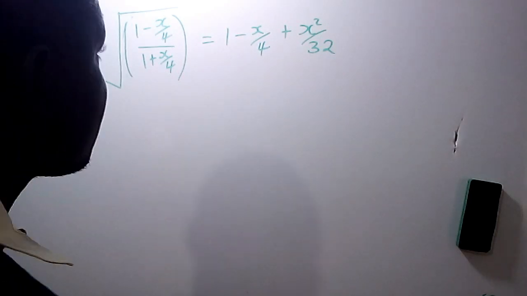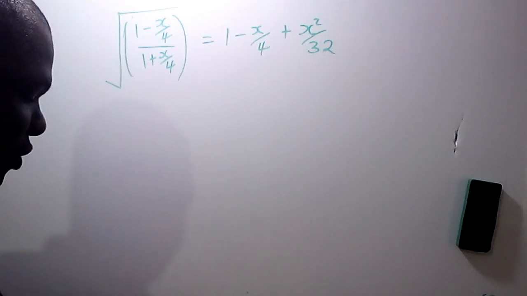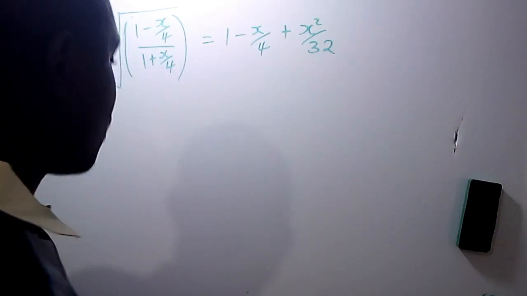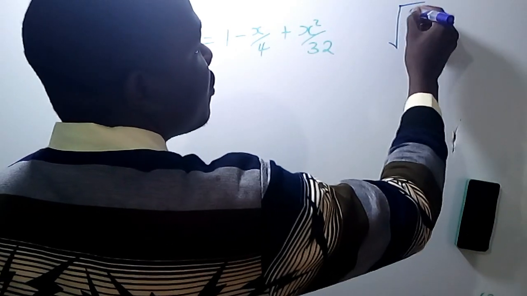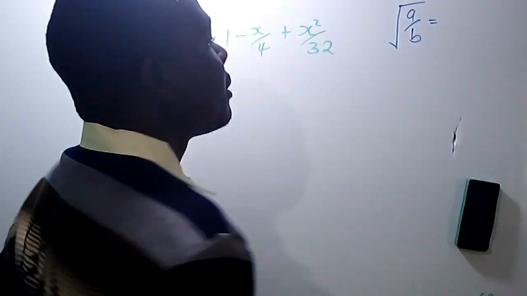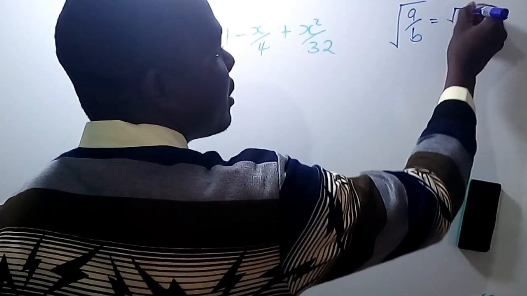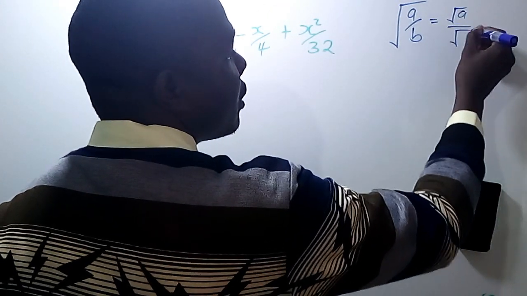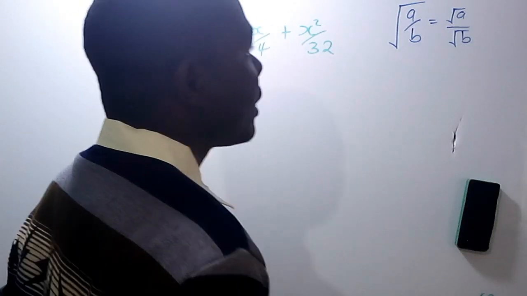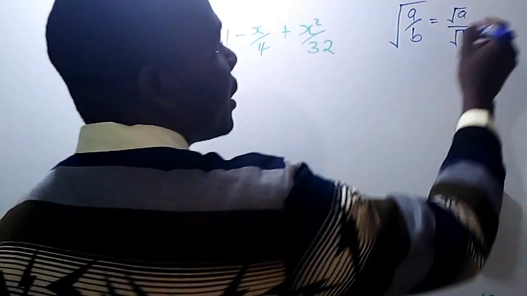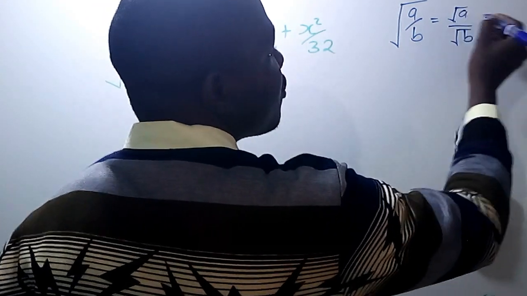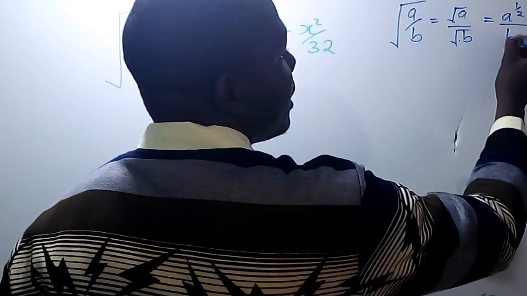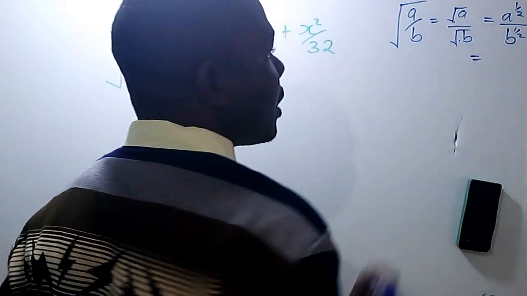In this case, we start by using the laws of indices. When you have, for instance, root a over b, this is the same as root a over root b. Then the laws of indices on fractional powers: square root means it is raised to power half, over b raised to power half.